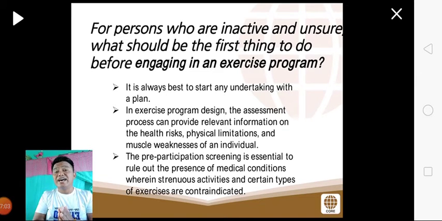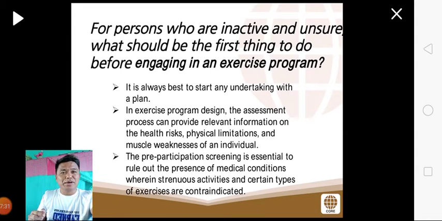The pre-participation screening is essential to rule out the presence of medical conditions that may be aggravated by strenuous activities and certain types of exercise.